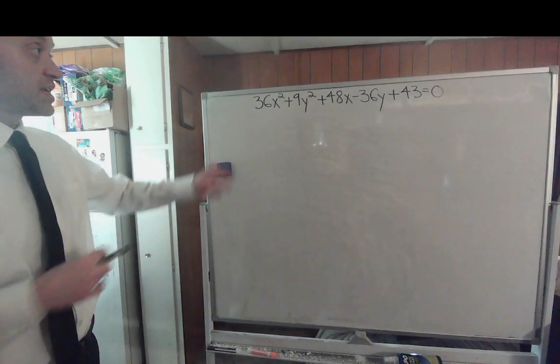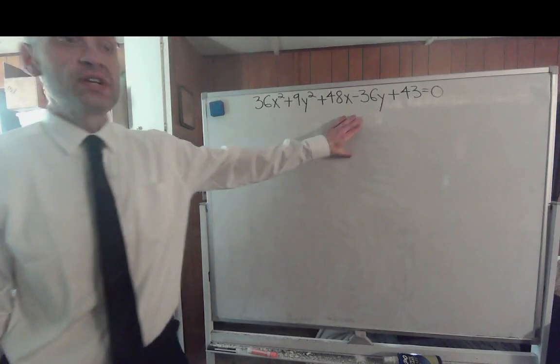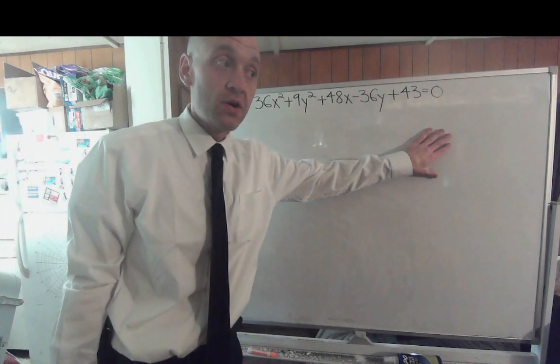So we're given 36x squared plus 9y squared plus 48x minus 36y plus 43 equals 0.